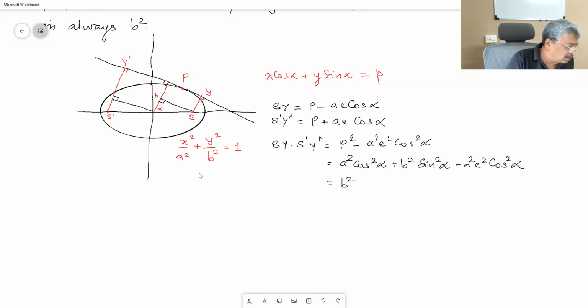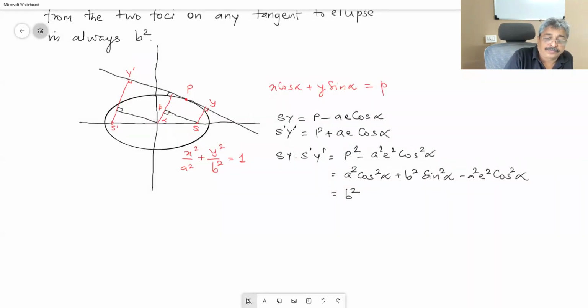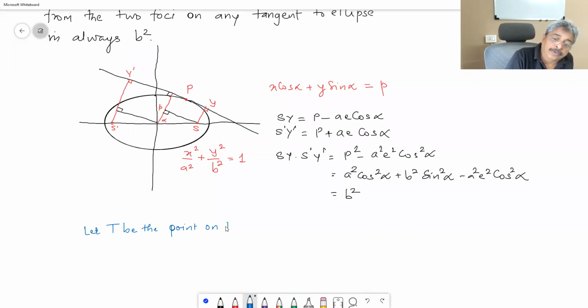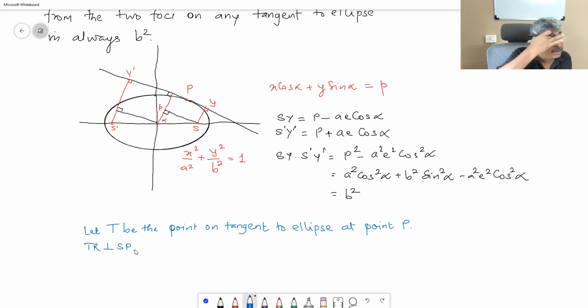Let T be a point on the tangent to the ellipse at point P. TR is perpendicular to SP, SP is focus to point of contact.